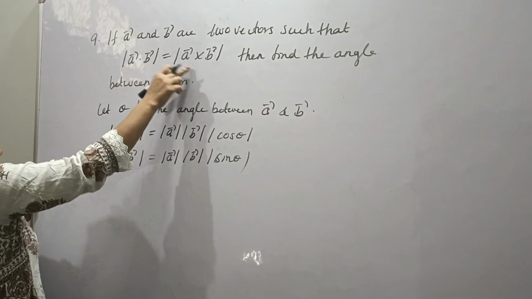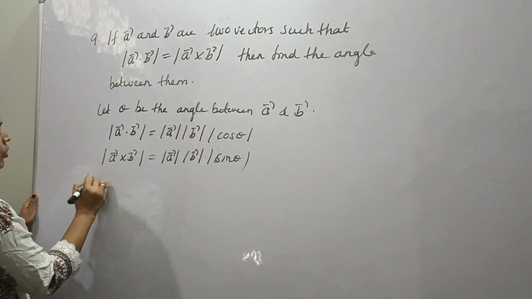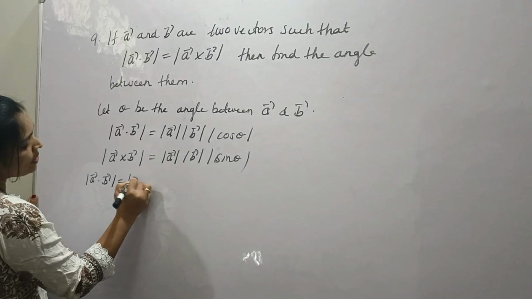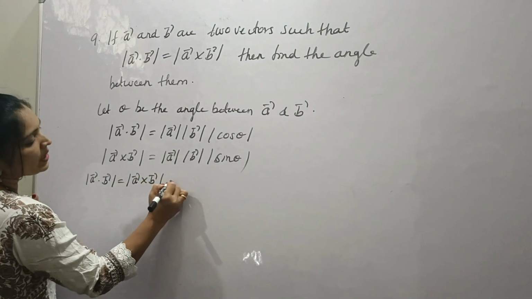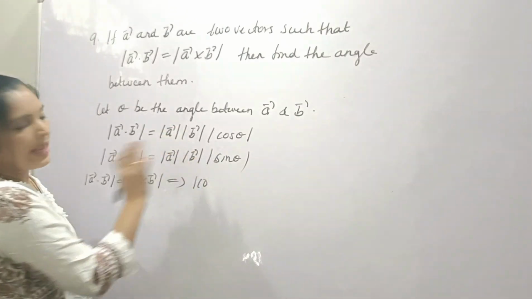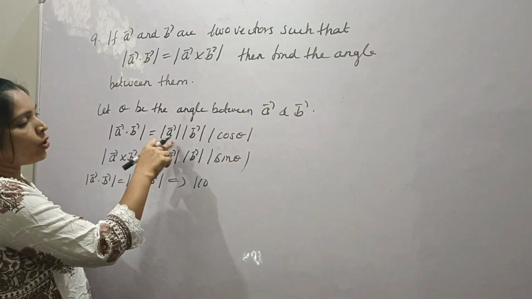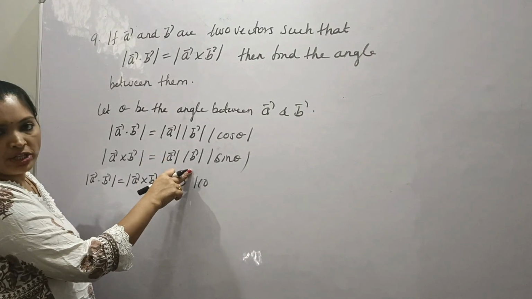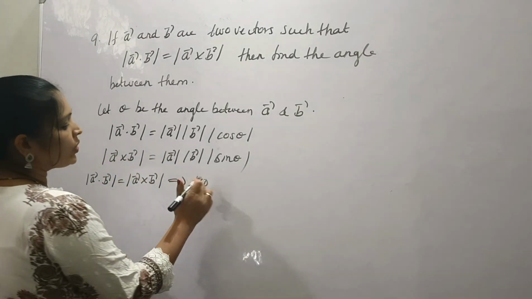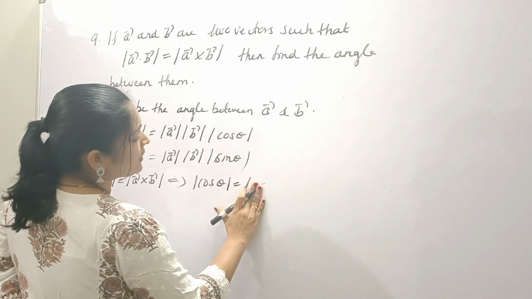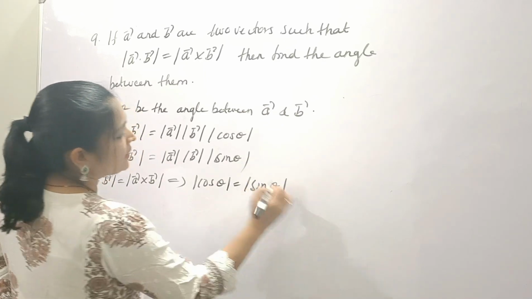It is given these are equal, therefore modulus of vector A modulus of vector B will be cancelled. Okay, so remaining modulus of cos theta is equal to modulus of sin theta, right?